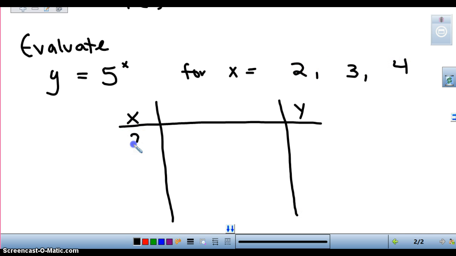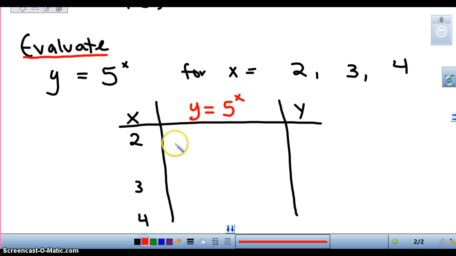My x values are 2, 3, and 4. Y equals 5 to the x power. So how am I going to find y? What does it mean when we evaluate? We substitute for x, that's correct.